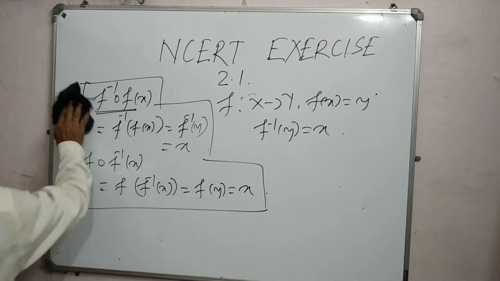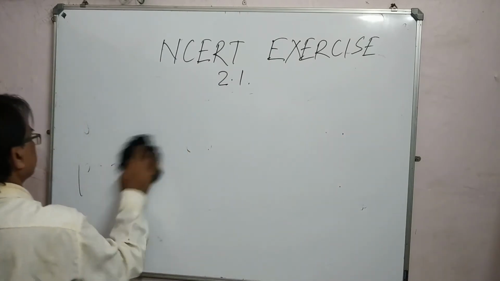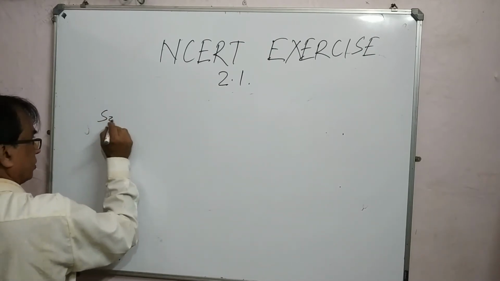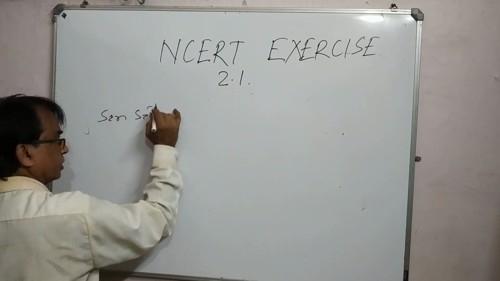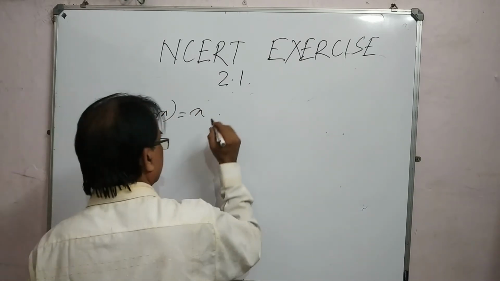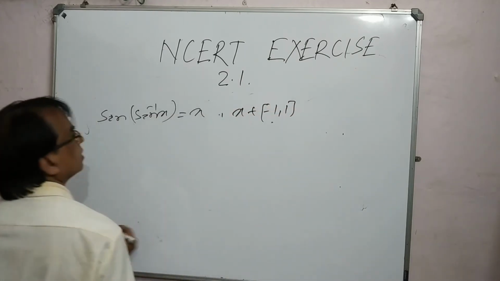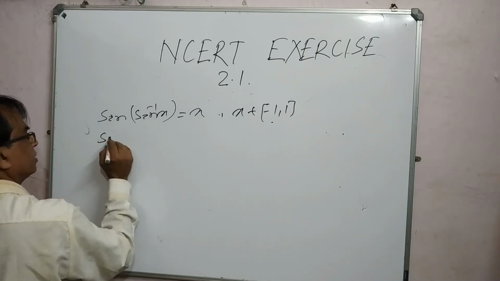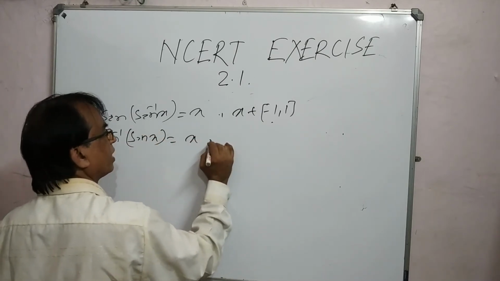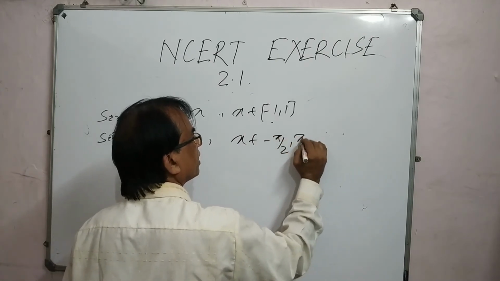Now this one, sine of sine inverse x is equal to x if x belongs to -1 to 1, and sine inverse of sine x is equal to x also, if x belongs to -π/2 to +π/2.